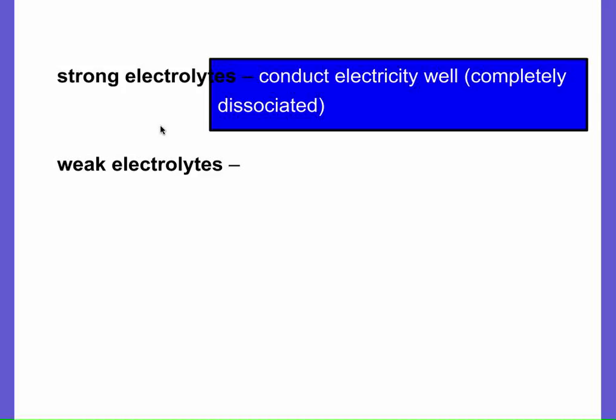Now, remember, dissociated means you have ions. You needed that for an electrolyte anyway, but it needs to be completely dissociated in order for it to be a strong electrolyte. So if I have an ionic compound, like sodium chloride, that can be a strong electrolyte. It's going to be completely dissociated when I put it in the water.